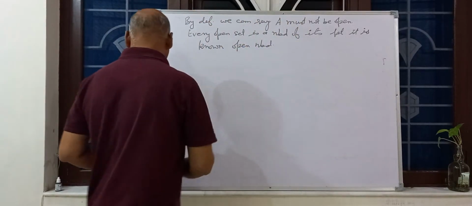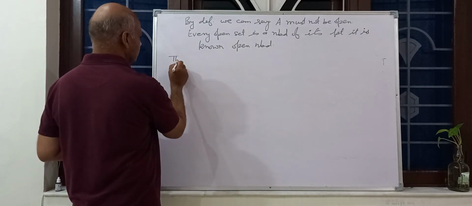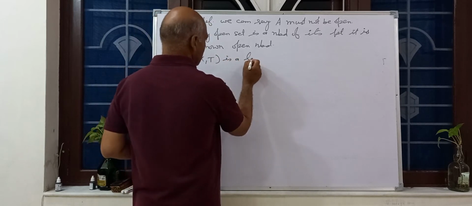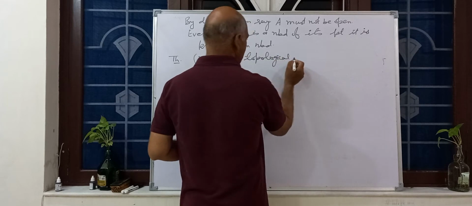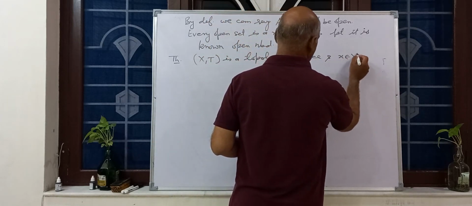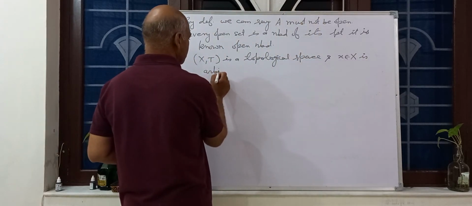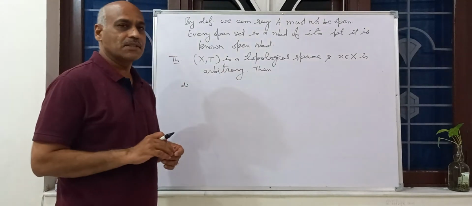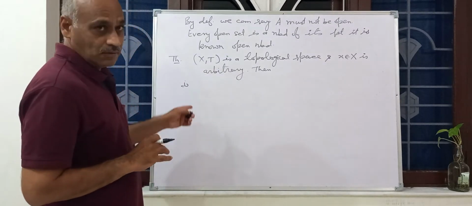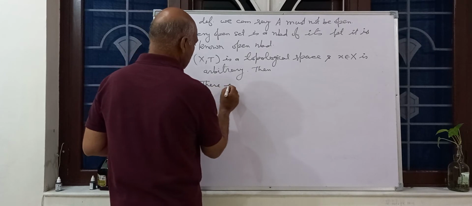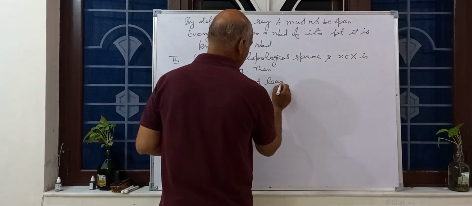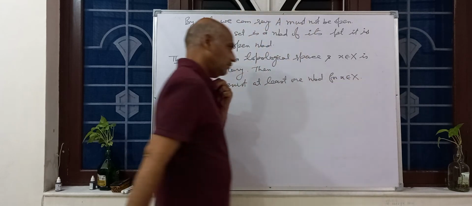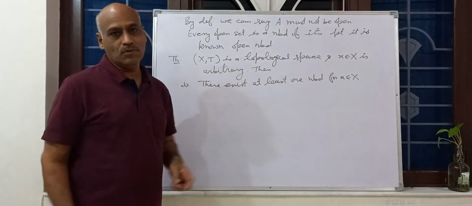Now the theorem. Suppose (X, T) is a topological space and x belongs to X is an arbitrary element of X. Then we have to prove that there exists at least one neighborhood for x belongs to X. If x belongs to X, then there exists at least one neighborhood of x.